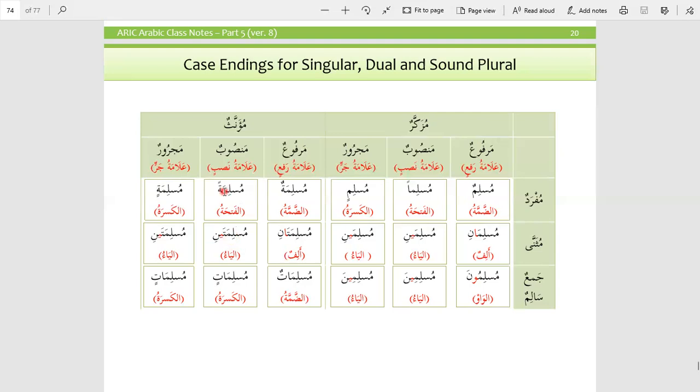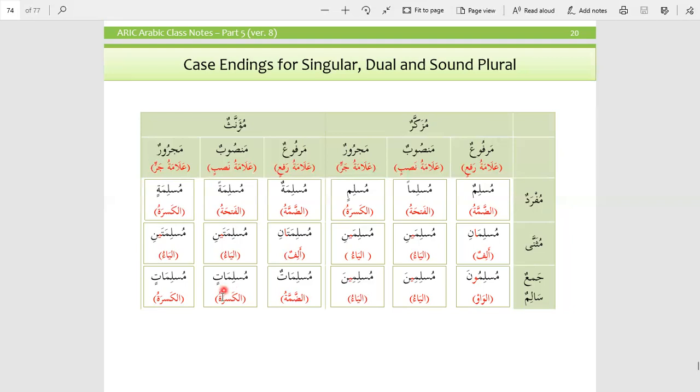Remember Muslimata and Muslimatun have a ta marbuta, so we just open the ta marbuta into ta fatha. You know the different tas, the open ta and the closed ta. So we use the open ta here and add ya and nun to make it mansubun.